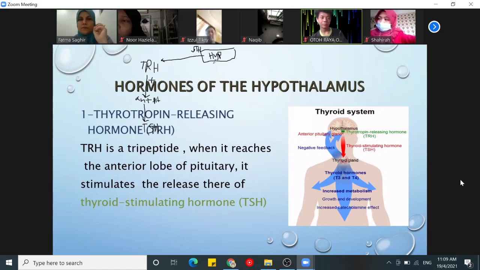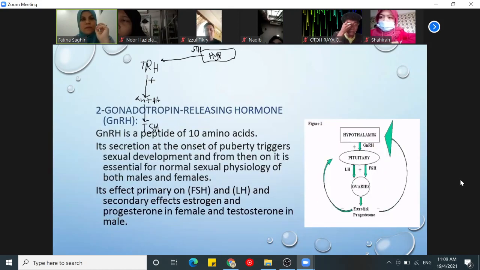Okay. So the second hormone, gonadotropin releasing hormone, is also secreted by the hypothalamus. We write the N small.